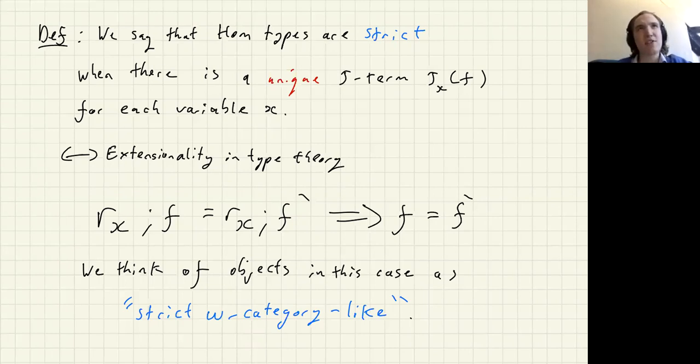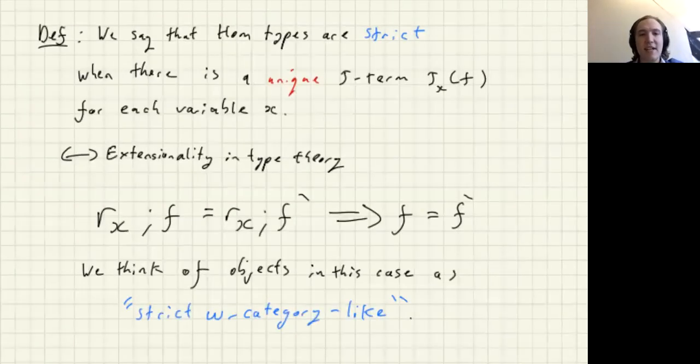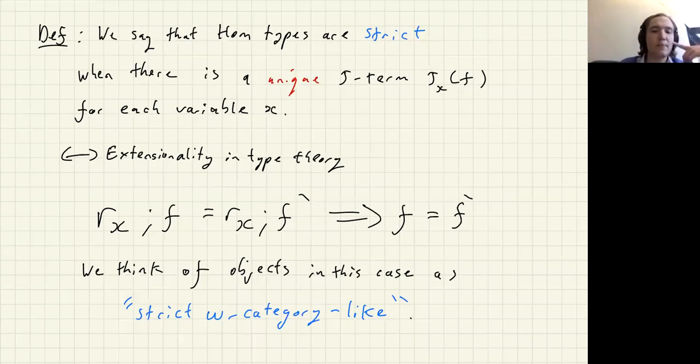Another way of saying this is that the property defining the J term says that substituting in reflexivity terms defines some kind of injective equivalence. And for the homomorphism types to be strict says this isn't just a weak notion of injective equivalence, it's actually an isomorphism of strict omega categories.